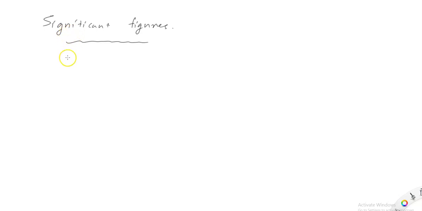So we have a measurement. It says 23.21. When you write this down, 23.21 centimeters, let's say you are making some length measurement. When you write this down, this tells you that you know all four numbers accurately, right? So that's the idea of significant figures. Another example.